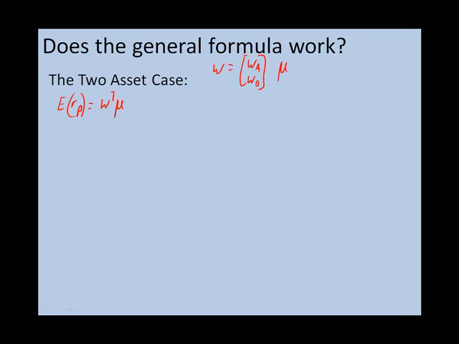We know that mu is also a column vector with the expected returns for each stock, A and B. We also know that S is the variance covariance matrix, and that's equal to sigma AA, sigma AB, sigma AB, sigma BB.